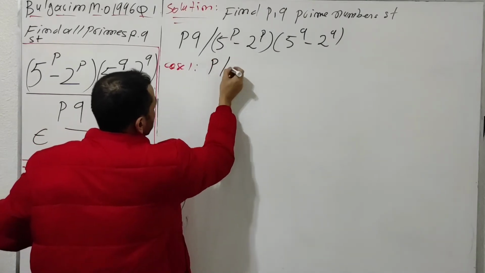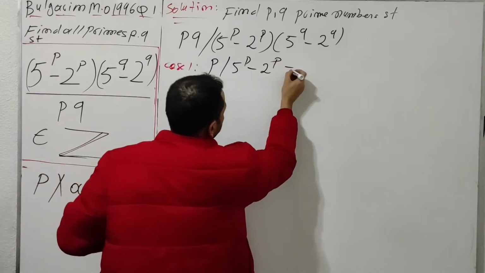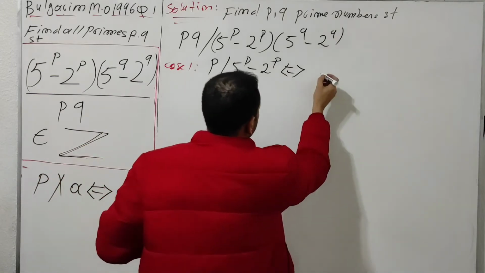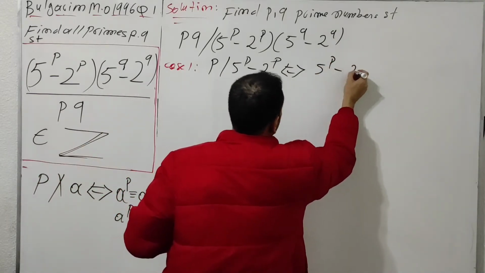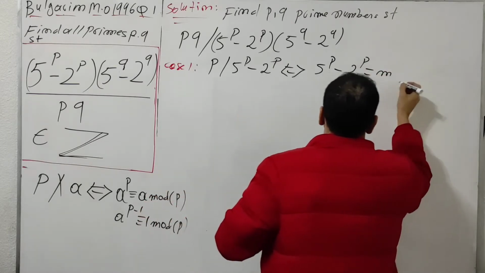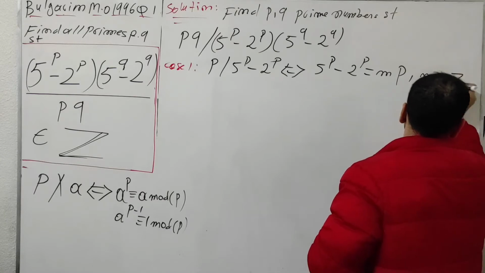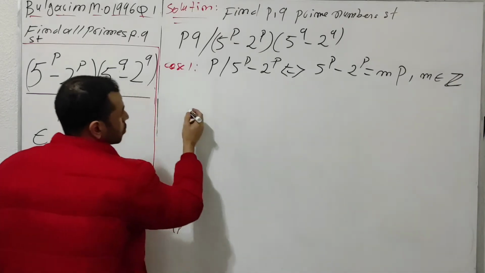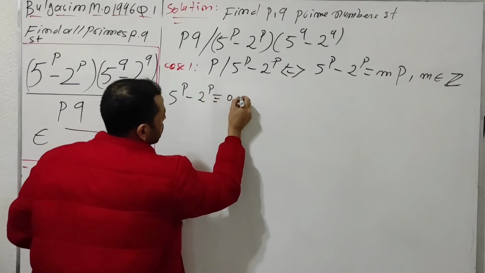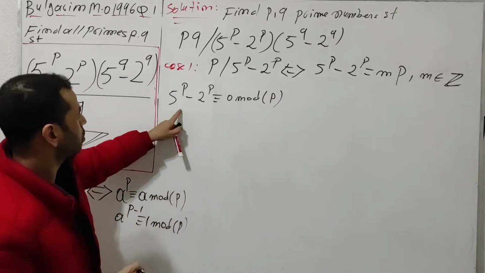So p divides 5^p - 2^p. According to the divisibility statement, that means 5^p - 2^p equals m multiplied by p, where m is some integer. In addition, 5^p - 2^p is congruent to 0 mod p, meaning p divides this.